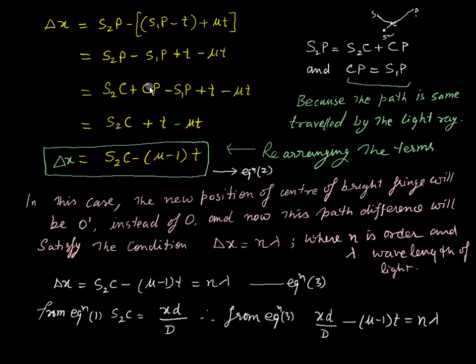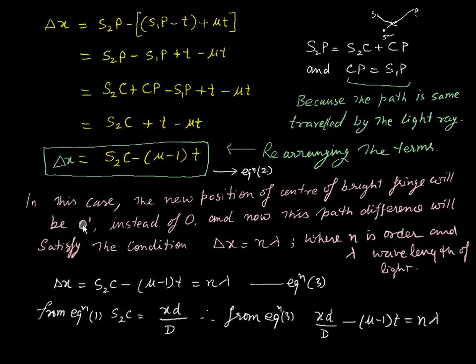So putting this value here of S2P, that is equal to S2C plus CP, in these three terms S1P, T and mu T. Now CP is equal to S1P, so this is minus, this one is positive, they cancel out, right? These two terms cancel out and you are getting S2C plus T minus mu T. And now rearranging the terms, we get this delta x, the path difference, equal to S2C minus S1C minus mu minus 1 into T. So this is the path difference.